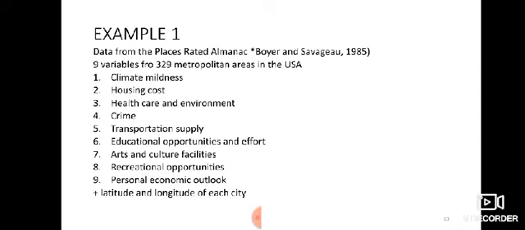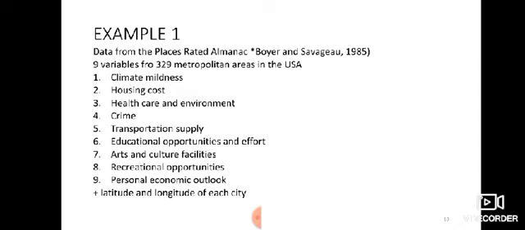Let's see some examples. First, we have data from the Places Rated Almanac by Boyer and Savageau. We have 9 variables for 329 metropolitan areas in the USA: climate, housing cost, healthcare and environment, crime, transportation supply, educational opportunities, arts and culture facilities, recreational opportunities, and personal economic outlook.